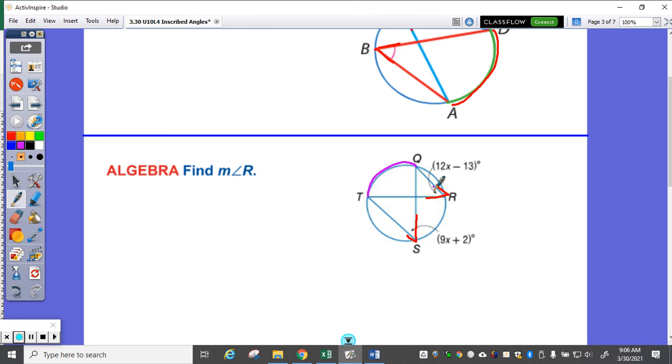So that means these two angles will be congruent. If I'm looking for angle R, I would set up 12x minus 13 and set it equal to 9x plus 2. I'd solve for x and plug it back in. Questions about this? Okay, good.